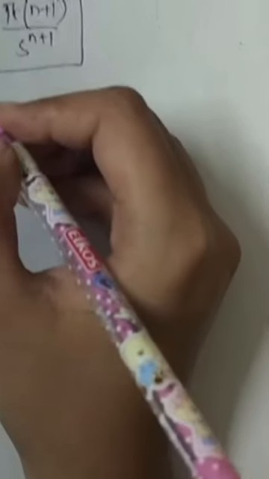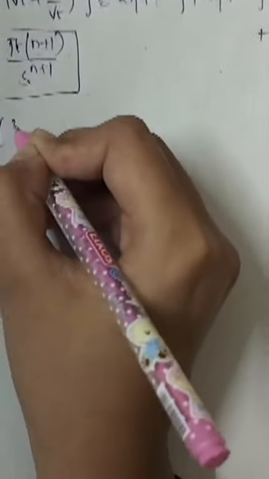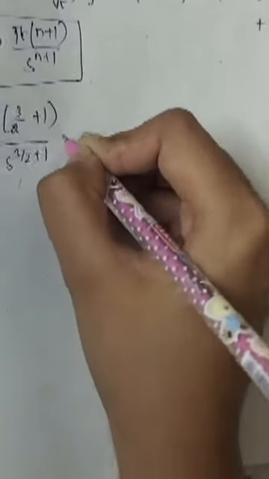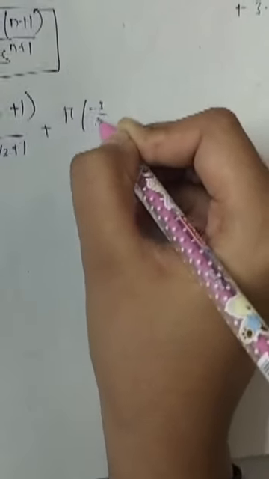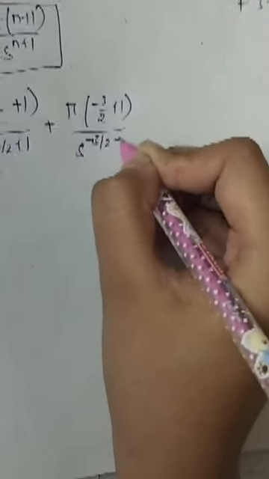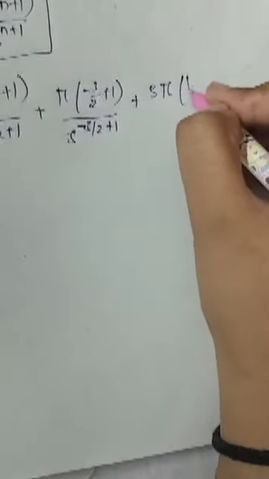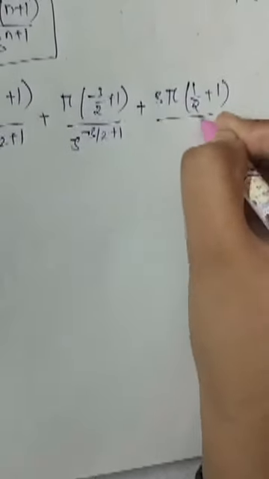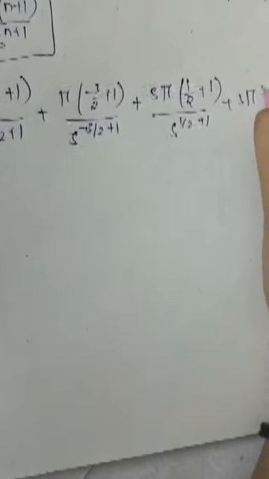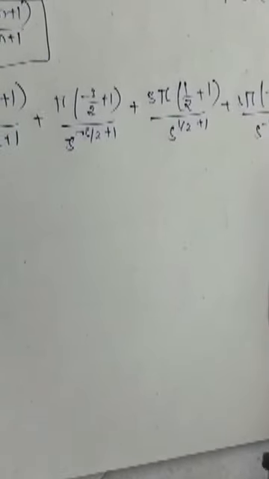Then what we get is gamma of 3 by 2 plus 1 by s power 3 by 2 plus 1 plus gamma of minus 3 by 2 plus 1 by s power minus 3 by 2 plus 1 plus 3 into gamma of 1 by 2 plus 1 by s power 1 by 2 plus 1 plus 3 into gamma of minus 1 by 2 plus 1 by s power minus 1 by 2 plus 1.